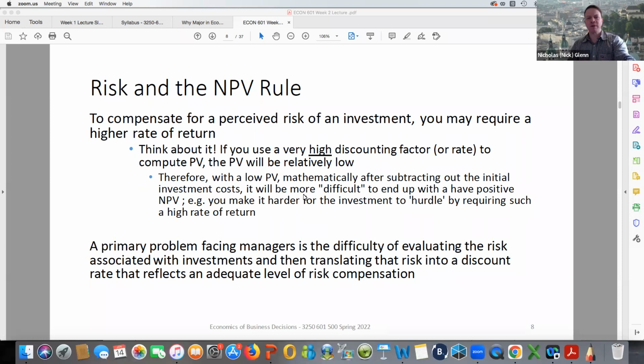Right? And so it brings us into this next thing where we're talking about risk. All right. So what you may do if a project or investment has a higher perceived level of risk is require a higher rate of return as a result of that. Okay.